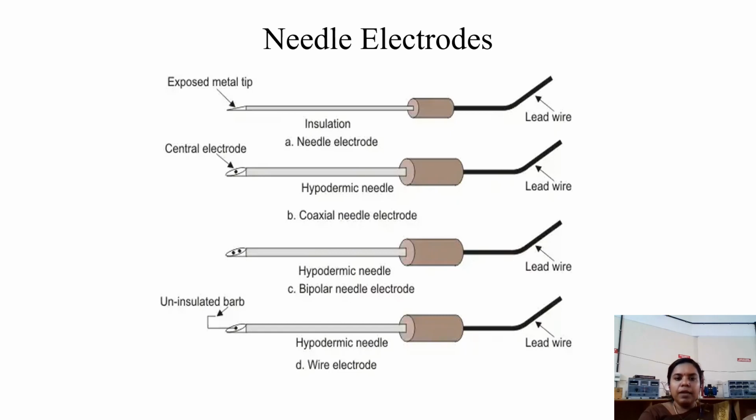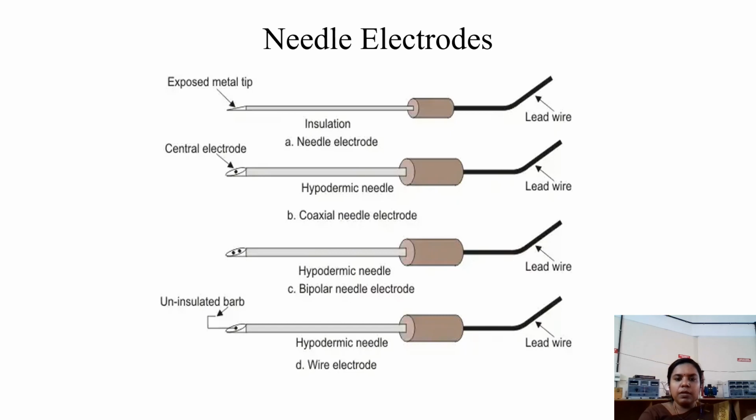After that we will be measuring the bioelectric signal by using this lead wire, which is placed inside the body. So this is how we are using the needle electrodes. Needle electrodes also have two different types, that is monopolar electrode and bipolar electrode.